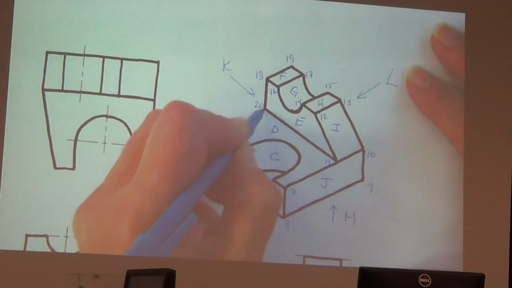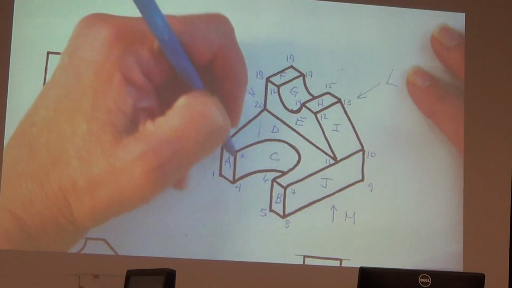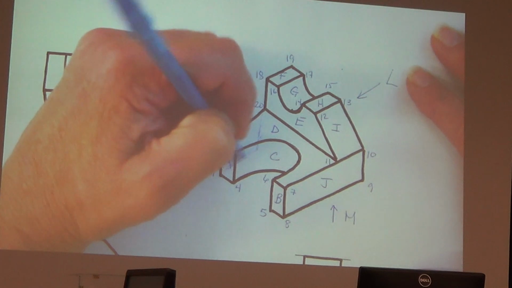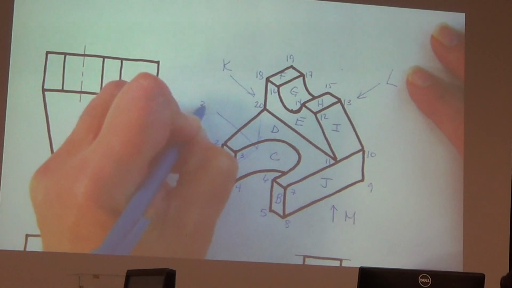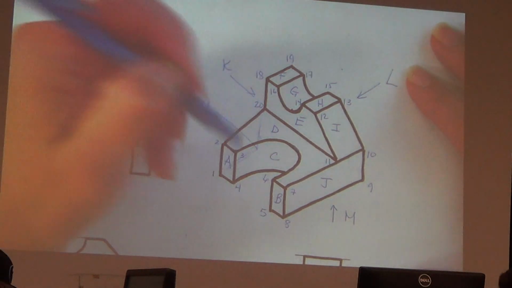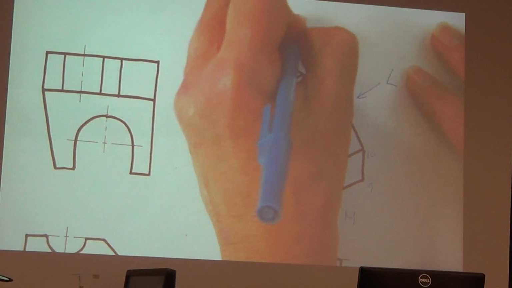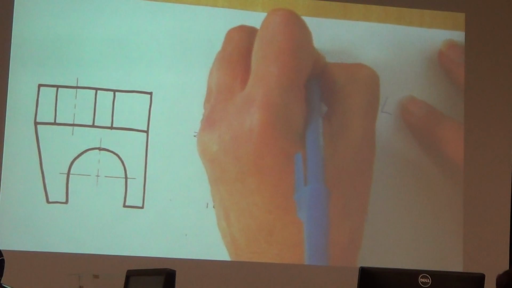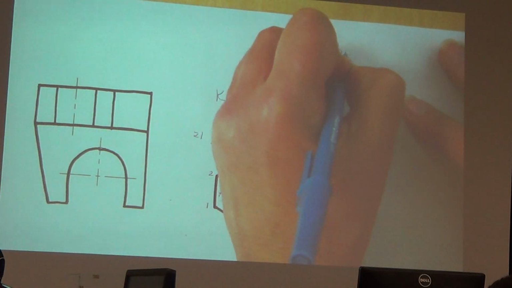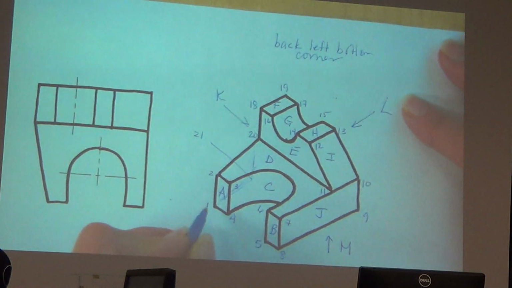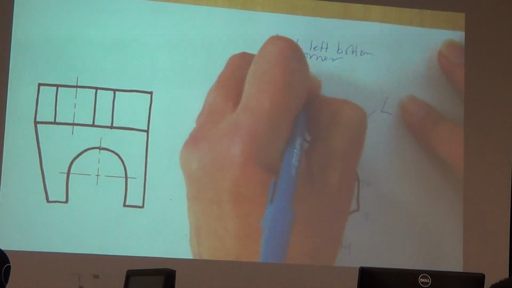So down here, we'll call that 21. And then the complete back, I'll just write back, left, bottom, corner, and we'll call that 22.